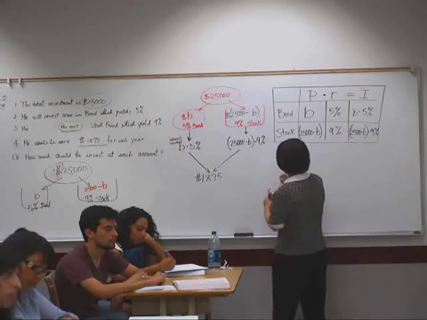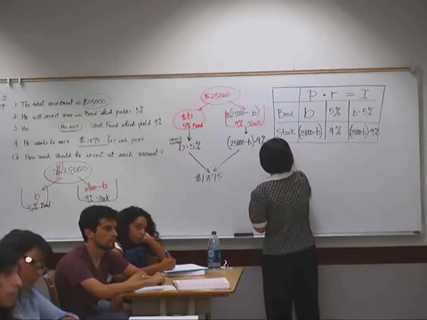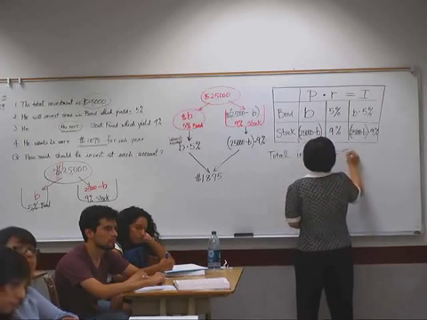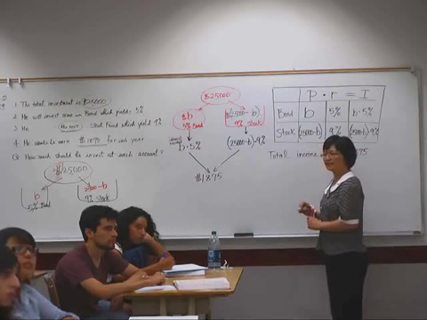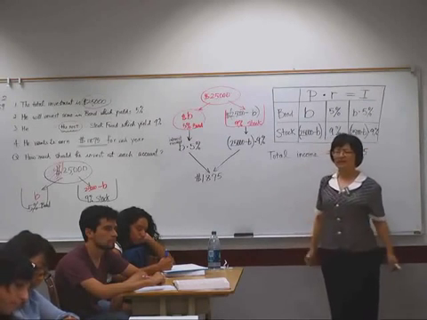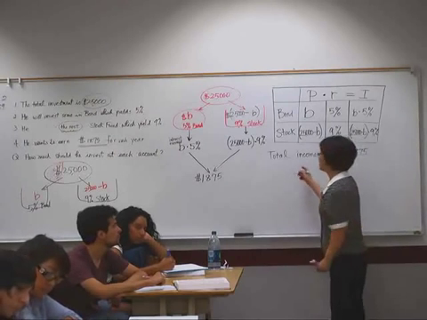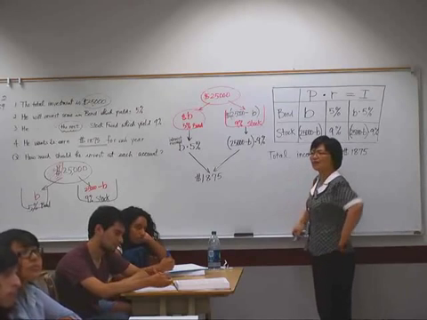Okay. So what is our goal? The total income should be 1875. Yes? What is the total income? The total income means how many incomes you have.